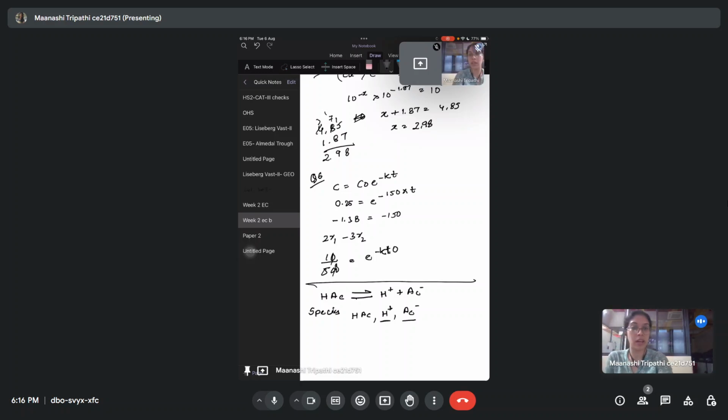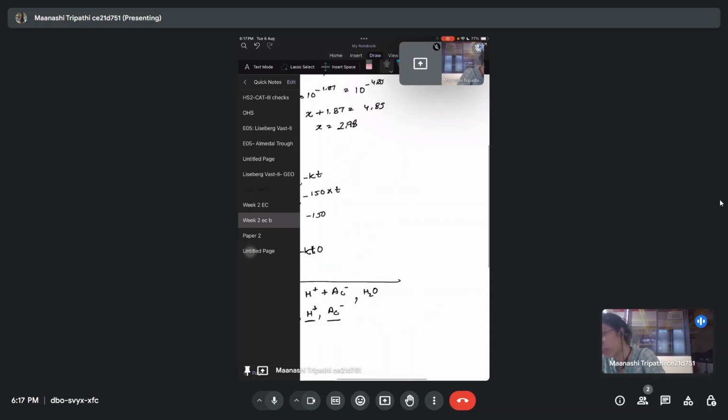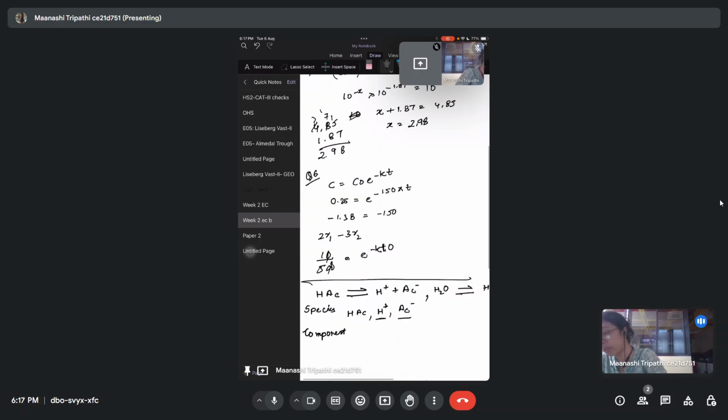Apart from that, any other one we can take as a species. Since water dissociation will also be there, it will also be considered: H2O gives H plus and OH minus. So one more species is added, which is OH minus.